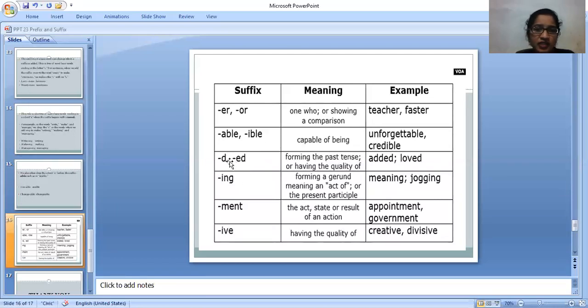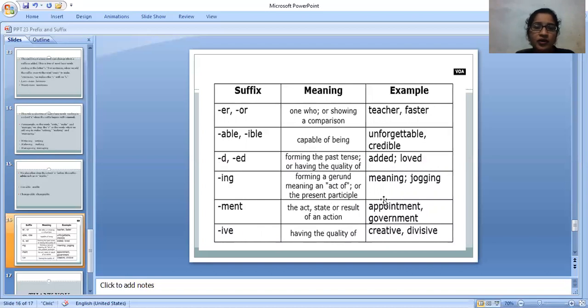And suffixes d and ed are generally added to create the past tense, the verbs of past form. And when you add the suffix ing, it is mostly added to create the present participle form of a verb. Then the suffix ment indicates the act, state, or result of an action.